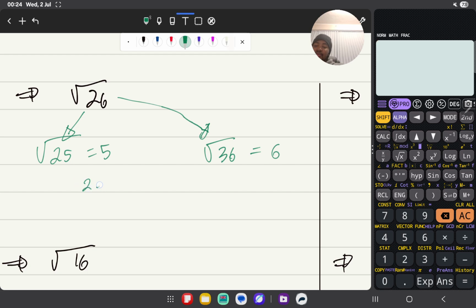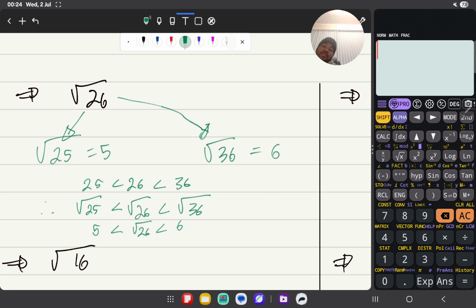Since 25 is smaller than 26, which is smaller than 36, the square root of 25 is smaller than the square root of 26, which is smaller than the square root of 36, implying that you have 5, square root of 26, and 6.